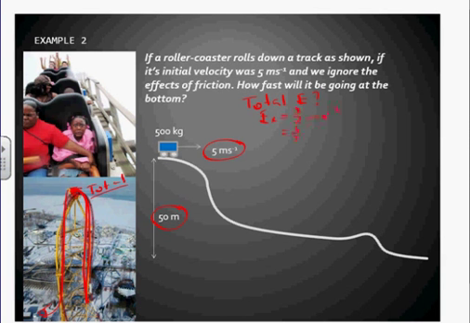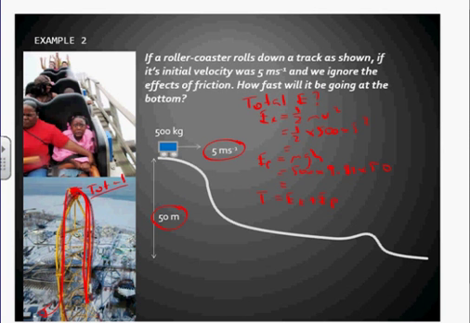You just put in the values: half times 500 times 5 squared. And it's also got some potential, which is just mgh. So that would be 500 times 9.81 times 50. Then your total will be equal to EK plus EP.